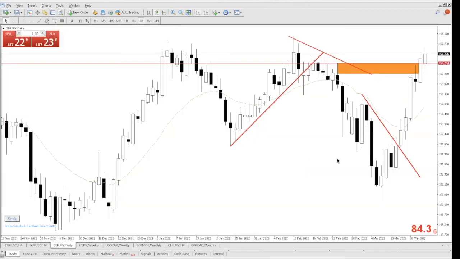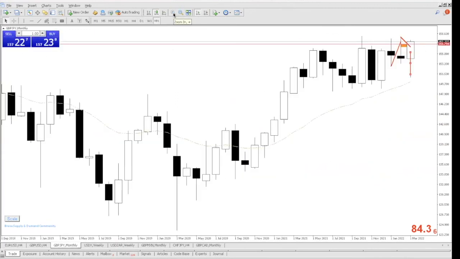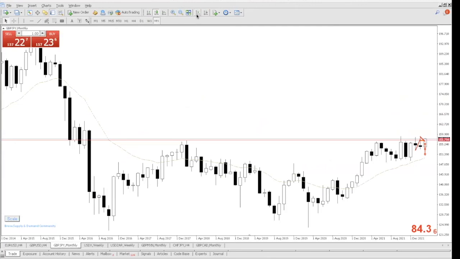Maybe this one, pound JPY. So this one, it was very tricky. Let me show you what it did. So look, it made a higher high from here.